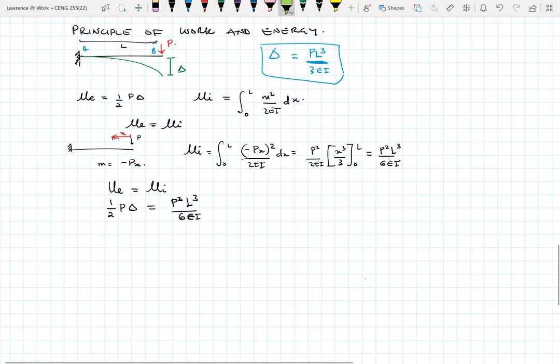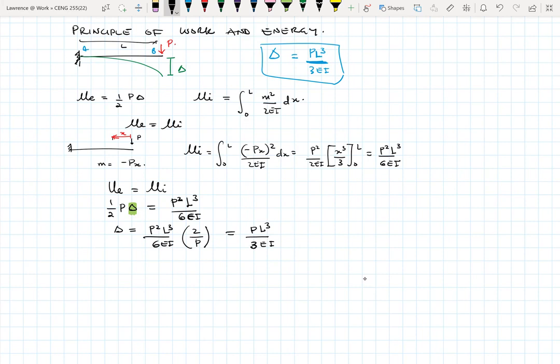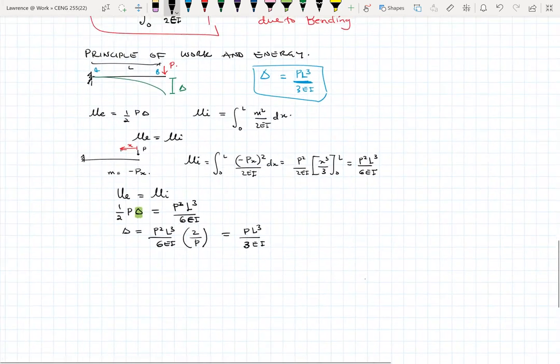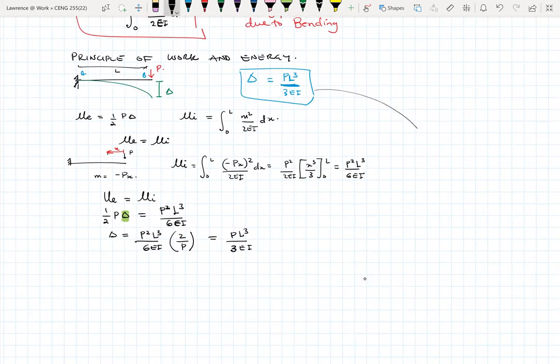We want to find delta, so we make delta the subject. Here delta becomes P squared L cubed over 6EI times 2 over P. So this will give me PL cubed over 3EI, which is the same answer as we had previously.